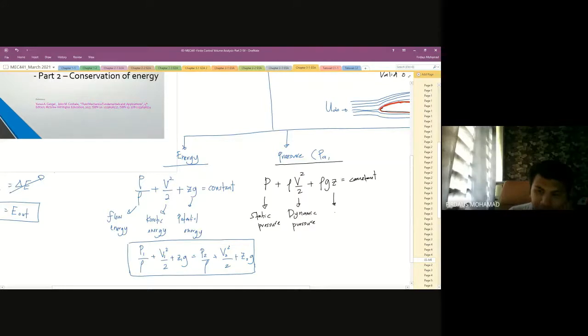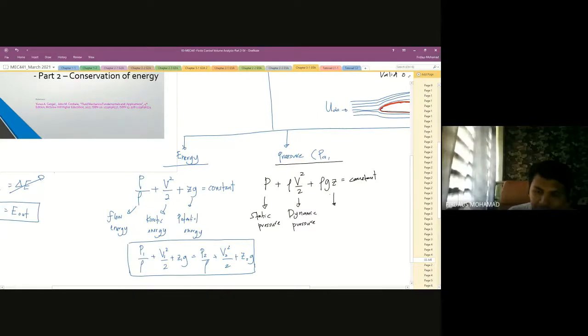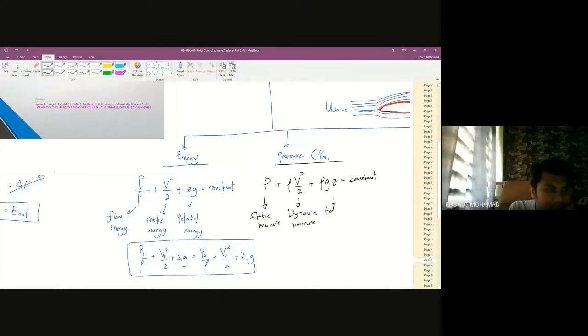Tak ingat dah chapter 2? Fluid. Fluid apa? Rho gh. P equal to rho gh. Depth pressure. Hydrostatic pressure.